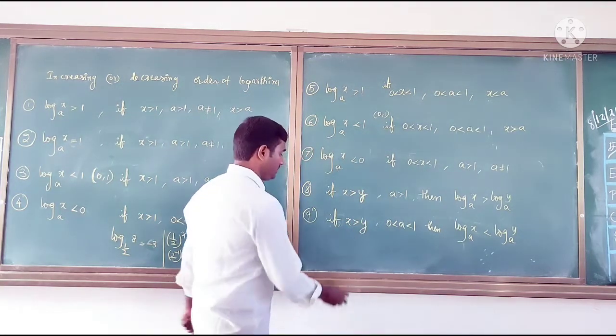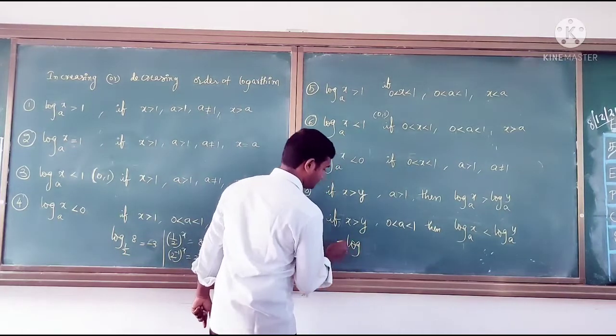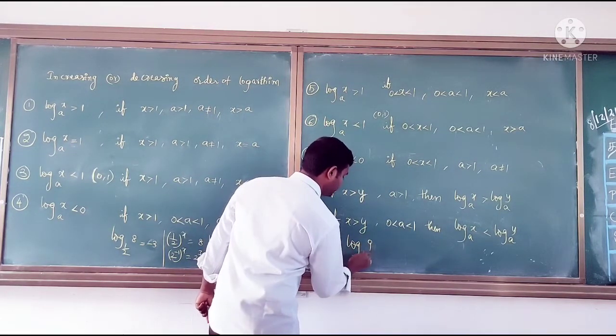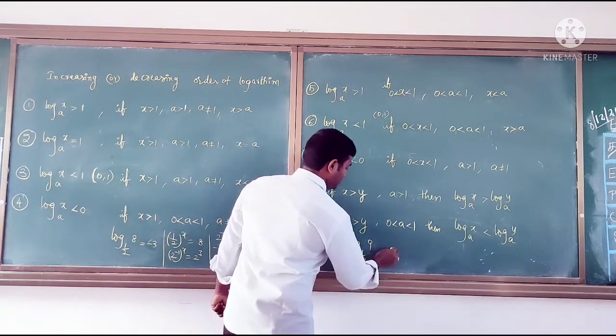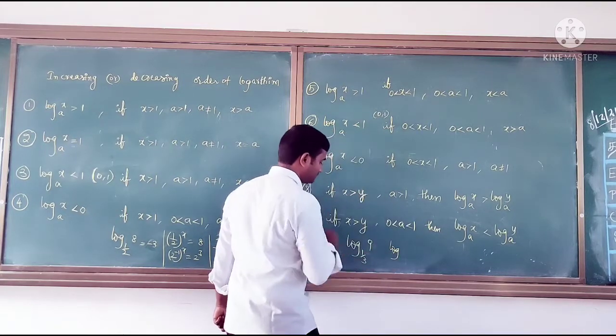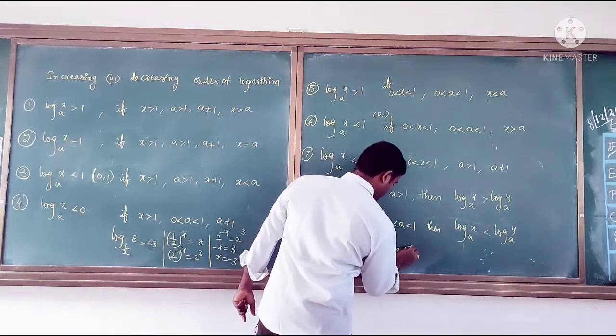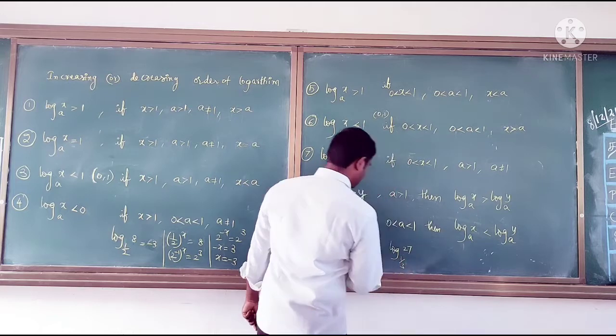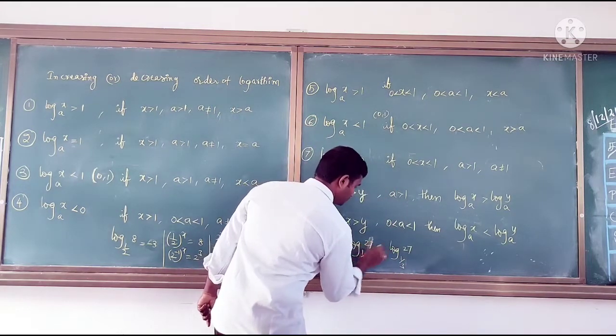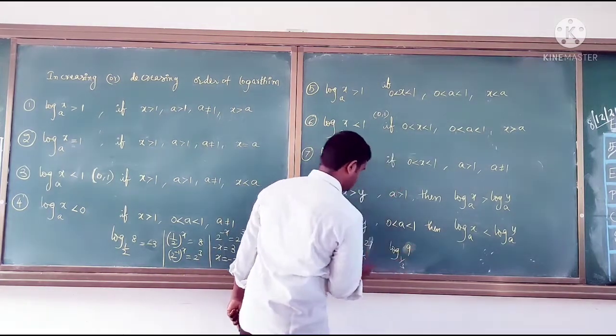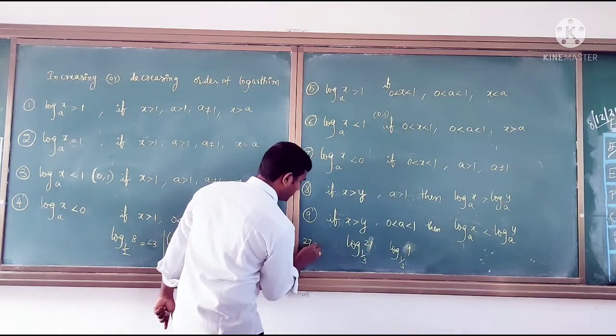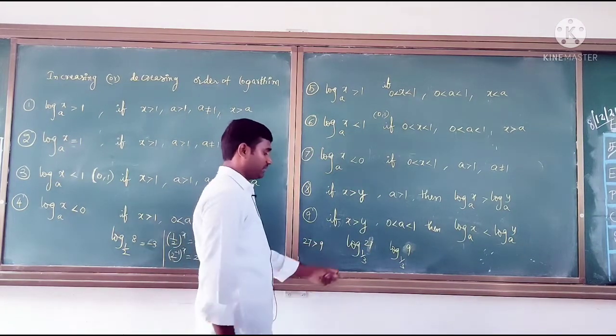See for example, log 9 to the base 1 by 3 and log 27 to the base 1 by 3. 27 is greater than 9 only now. So base is 1 by 3.